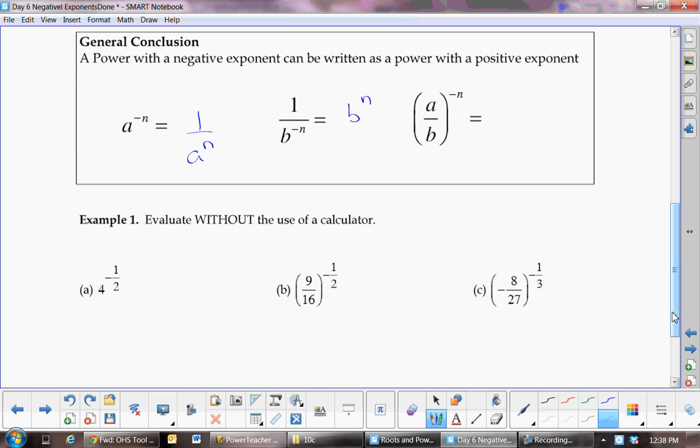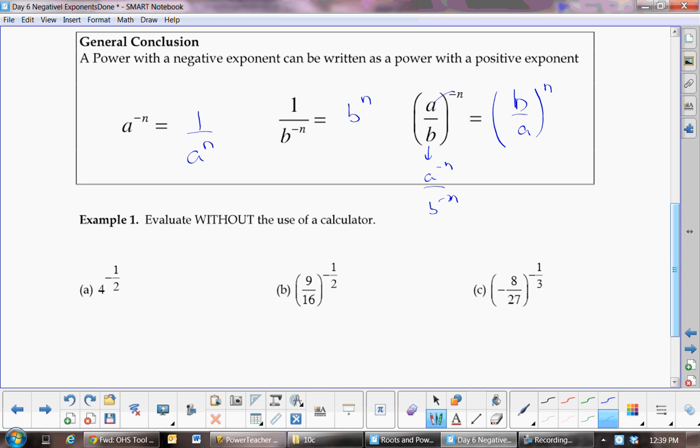This is a nice one. A over b to the negative n. B over a. Yes. B over a to the n. Can I explain that one? This is the same thing as a to the negative n over b to the negative n.